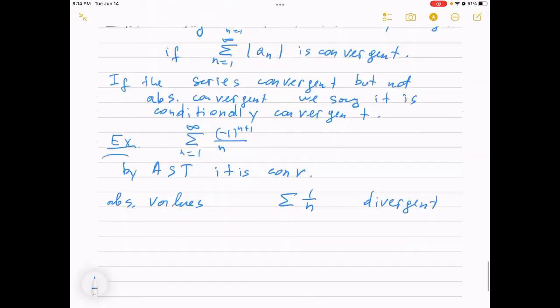Therefore, by combining these two pieces of information together, we conclude that the sum from n equals 1 to infinity of (-1)^(n+1) divided by n, the alternating harmonic series, is conditionally convergent.